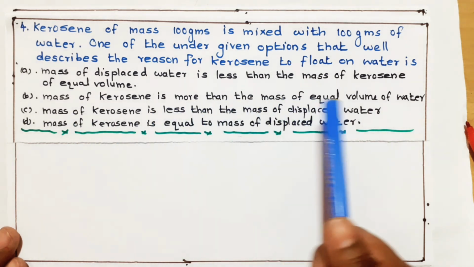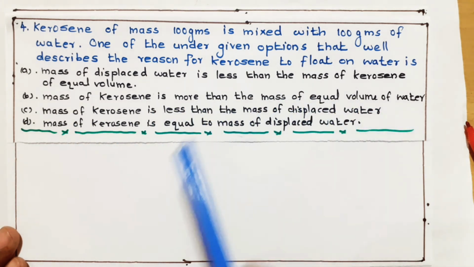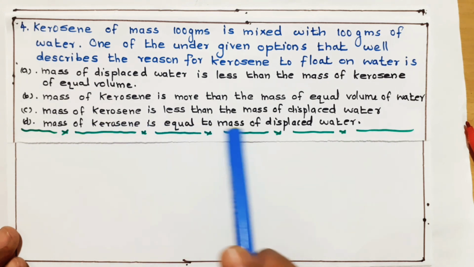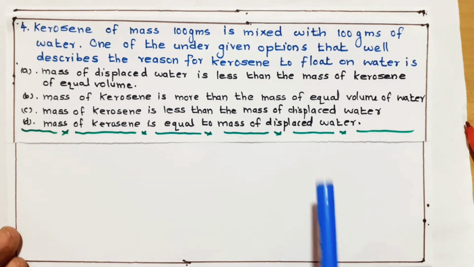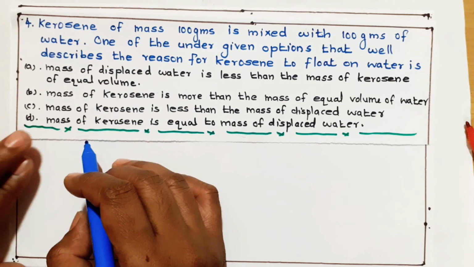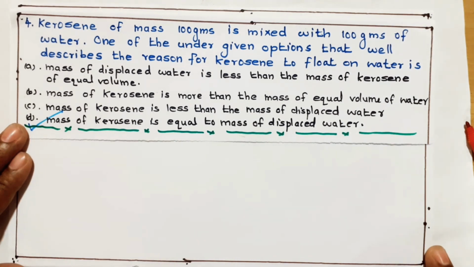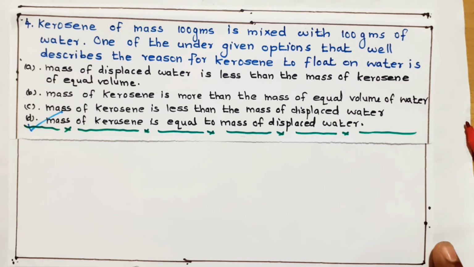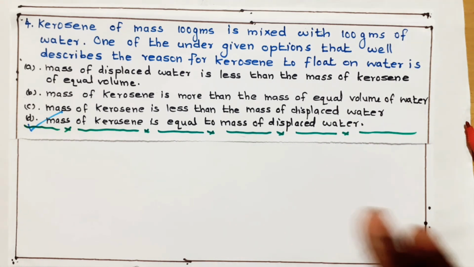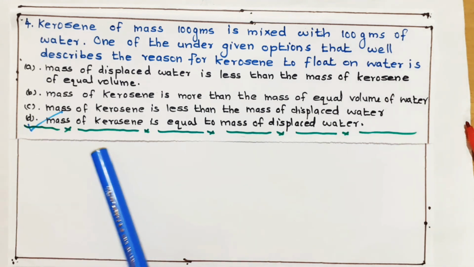Mass of kerosene is more than the mass of an equal volume of water, wrong. Mass of kerosene is less than the mass of the displaced water, wrong. The last answer, the mass of the kerosene is equal to the mass of the displaced water, according to Archimedes principle.